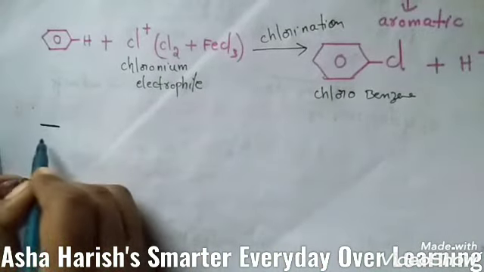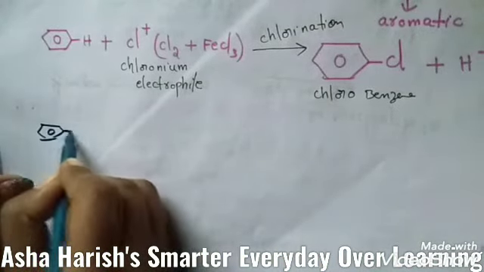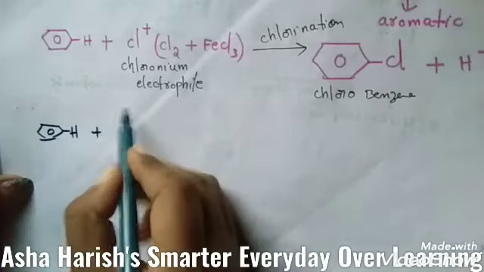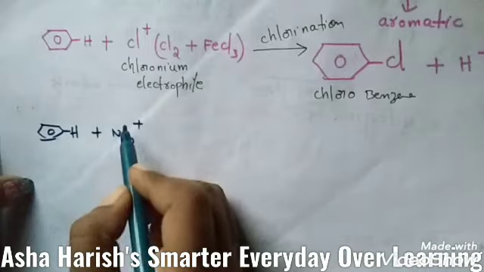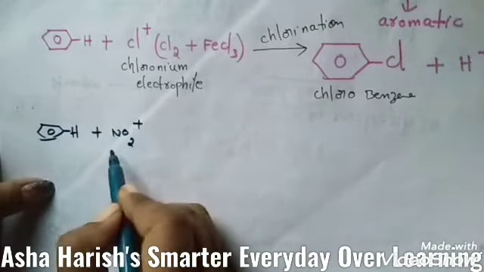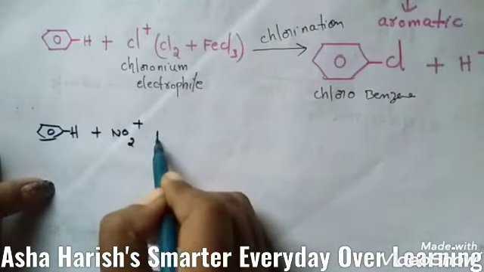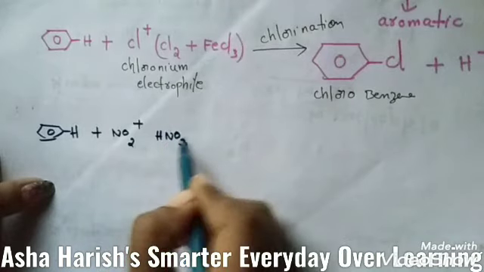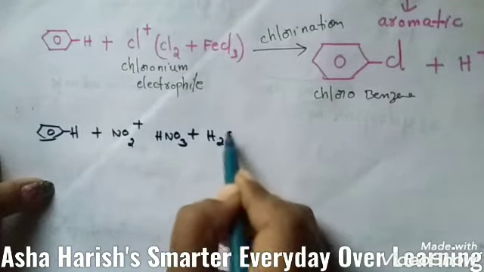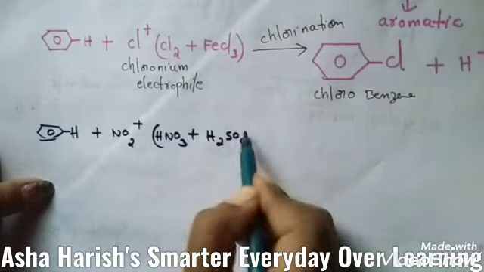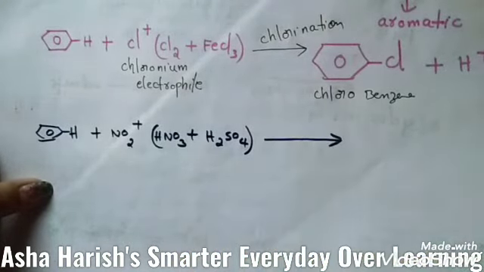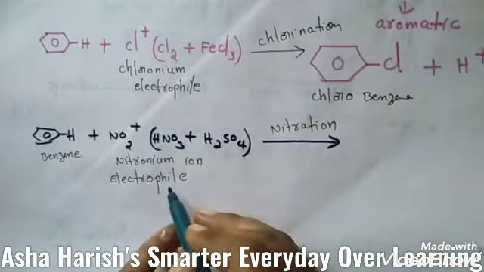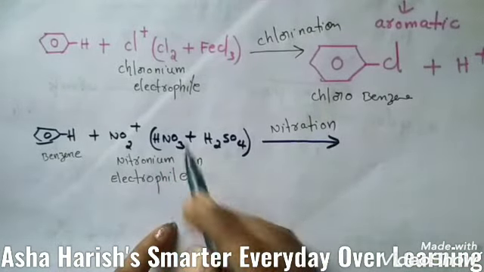Here is the benzene. Again we have to take plus. If you add NO2 plus, here it is acting as electrophile. This is known as nitronium ion, and here HNO3 plus H2SO4. In the presence of these two acids, this is called nitration. Acting as an electrophile, and it is nitronium ion.